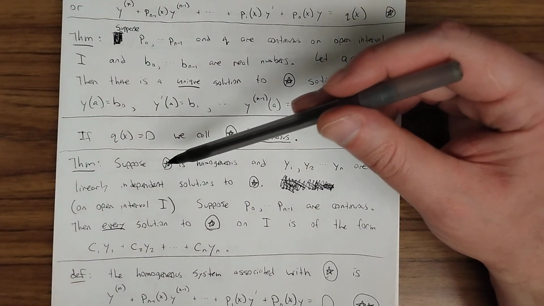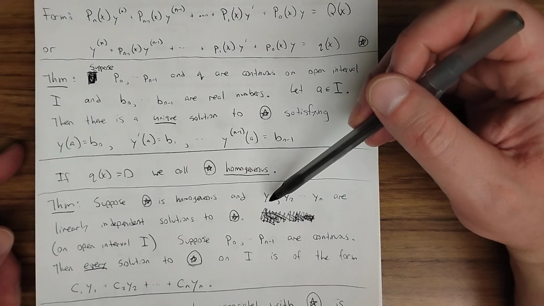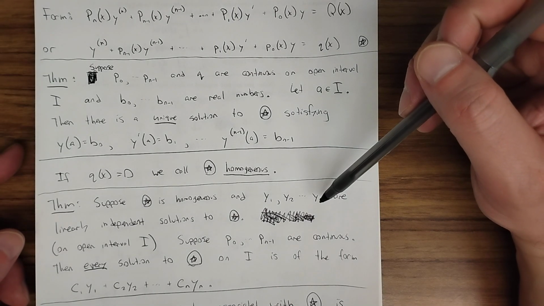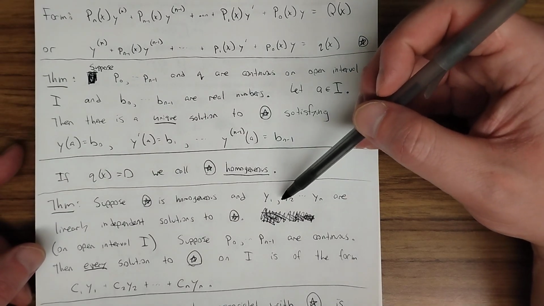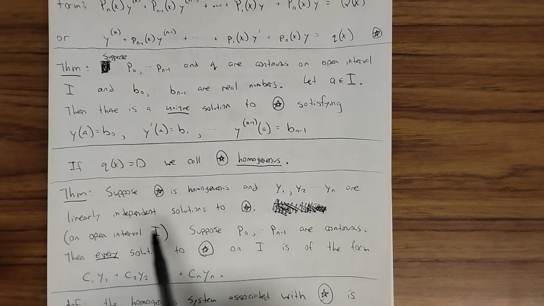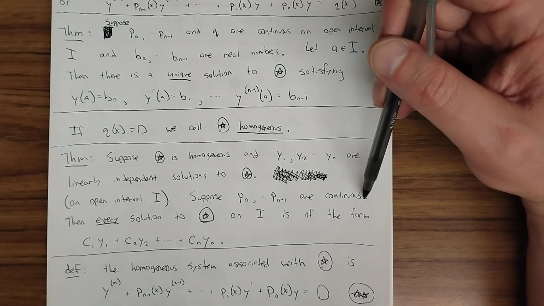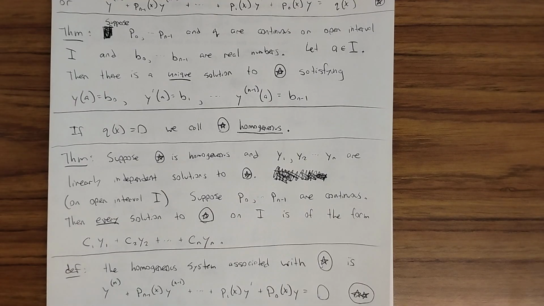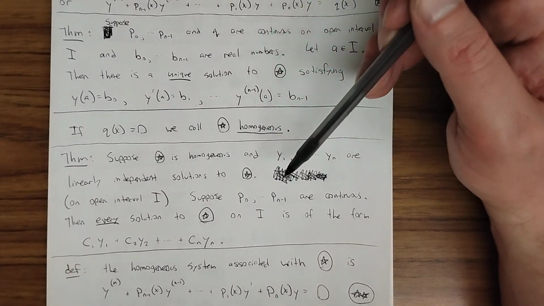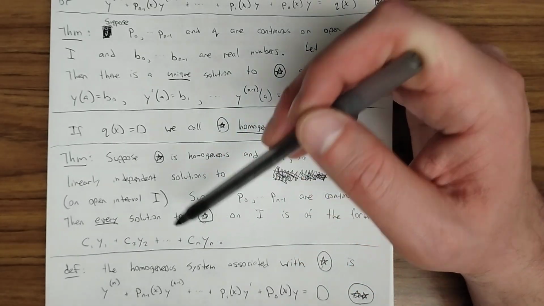Here's a theorem. Suppose it is homogeneous, so suppose q is 0, and we have n linearly independent solutions, y sub 1 through y sub n, and they're linearly independent and they're solutions on the interval I. Suppose that p naught through p sub n minus 1 are continuous, then every possible solution ever to this differential equation star on the interval I is of the form, I would call this a linear combination of y1 through yn.